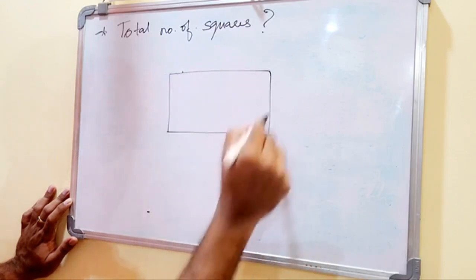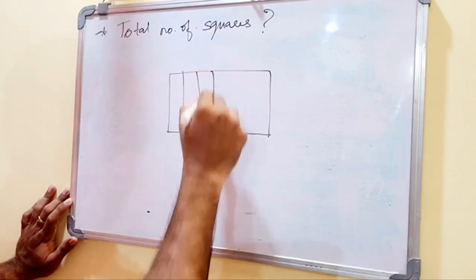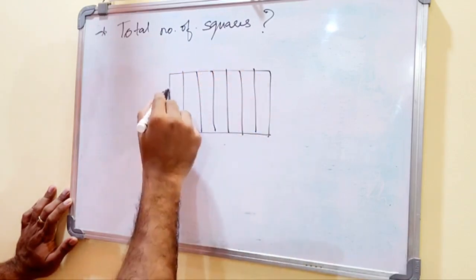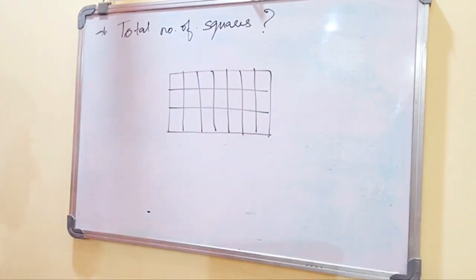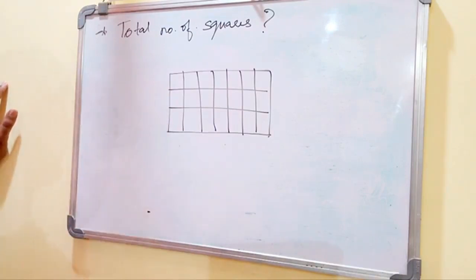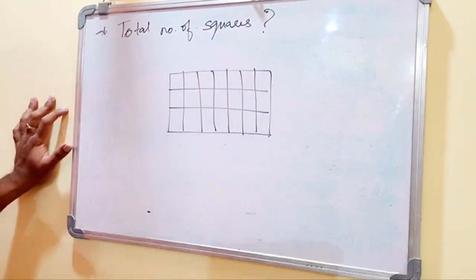This is a rectangle and within this there are many squares. This is another kind of problem frequently asked in competitive examinations. Here you are asked to find the total number of squares in a given figure. The given figure is a rectangle and you have to find the total number of squares.